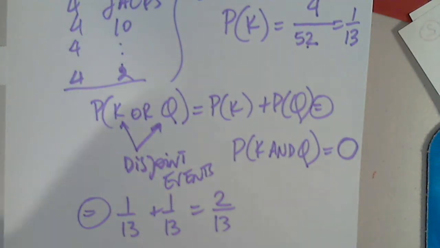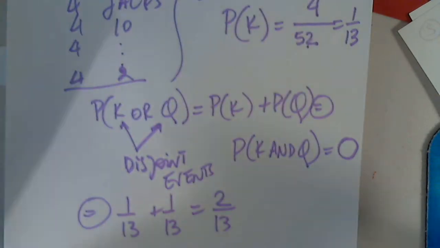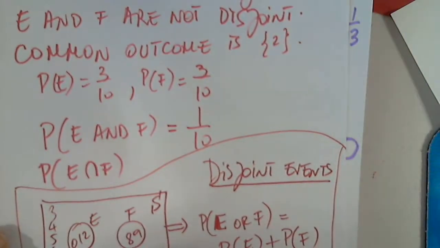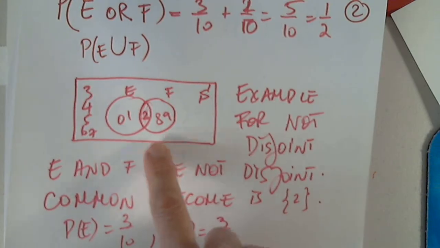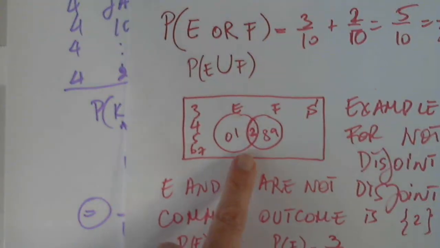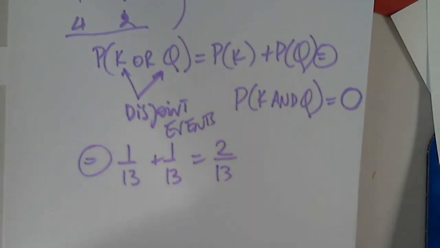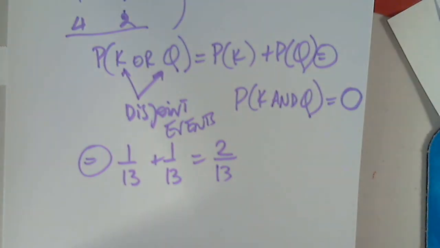Okay, moving on. What happens now if we do have non-mutually exclusive events, like in the situation I just presented? Coming back to this example, I'm going to copy it again. You don't have to go back to your previous page.